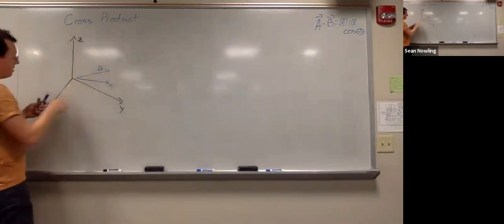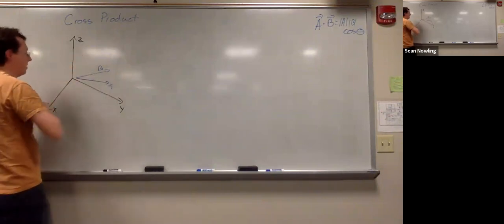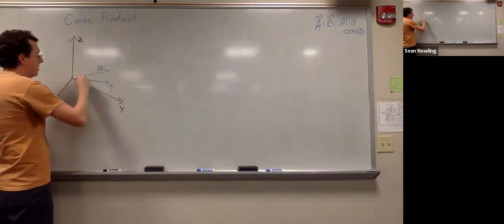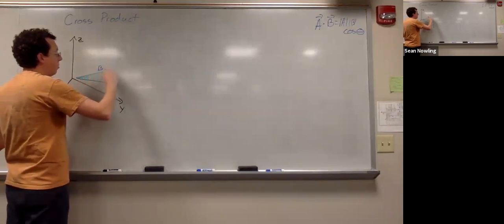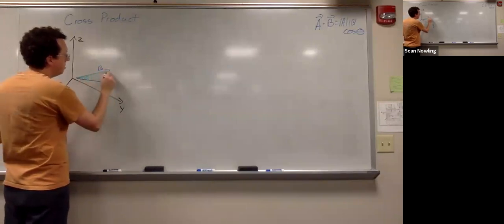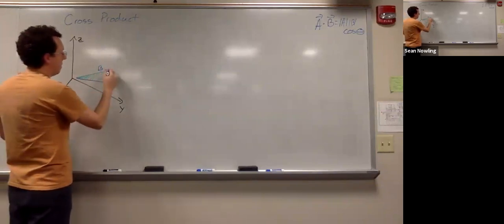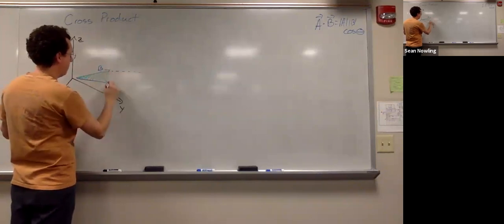So here's my two vectors A and B. I'm trying to draw them going out there some way. These vectors define a plane, but I don't want to just focus on the whole plane. What I want to focus on is a parallelogram that they subtend. I think that's the right word.